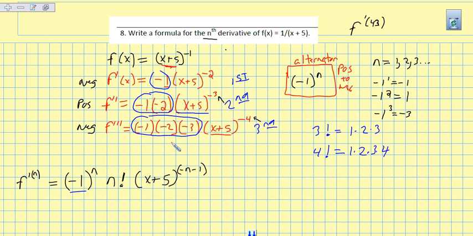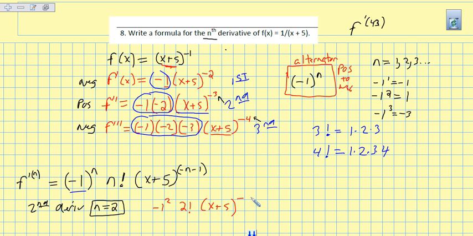Now the way to check this is just to go ahead and calculate the second and the third using the rule that you just developed. So to find the second derivative, this is just a way to check it here. To find the second derivative, n would equal 2. So let's plug in n equals 2 every time we see n in our formula that we just created. So we have negative 1 to the second power. N factorial is 2 factorial. X plus 5 doesn't change.